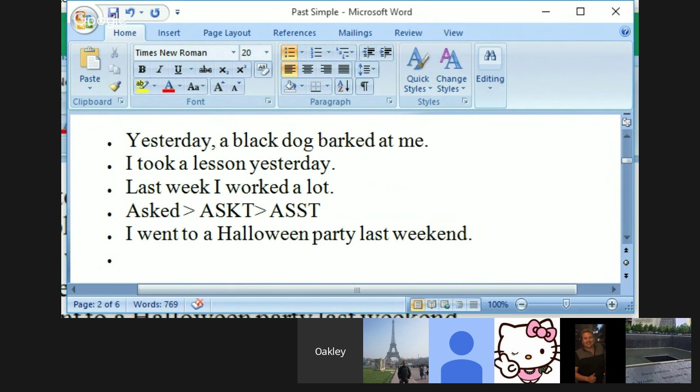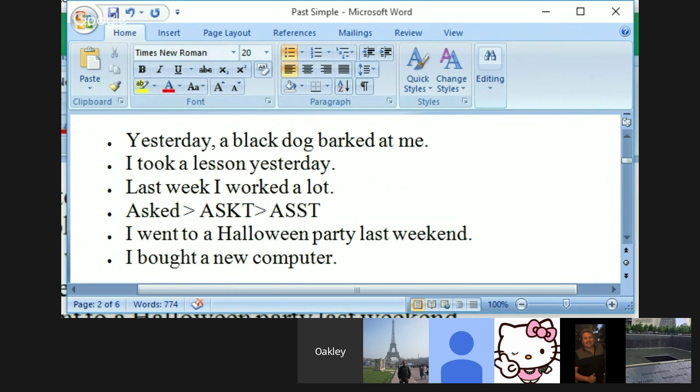Francisco, can you give me an example? Okay, I bought a new computer. Okay. Thank you. I was hoping somebody would attempt a sentence without using a time phrase, and you did. Usually, bought is not a long, dragged-out action.